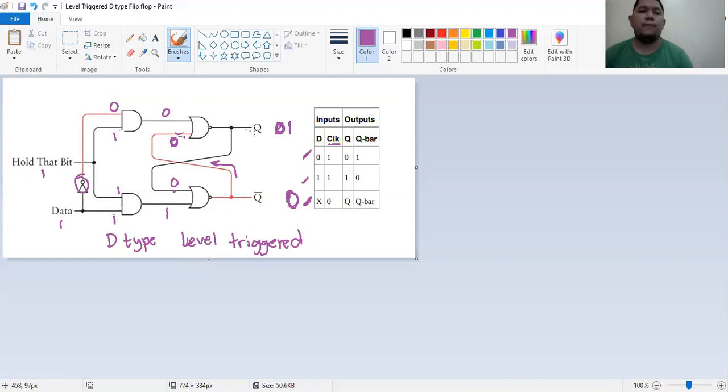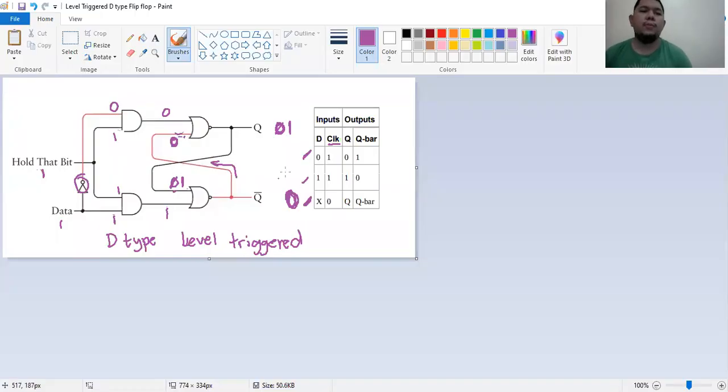Now, if we continue on with analyzing the circuit, we see that this feedback becomes 1, and this becomes 1 and 1. So 1 or 1 becomes 1, and inverse that still becomes 0. So essentially, everything settles down to 1 and 0. All right.